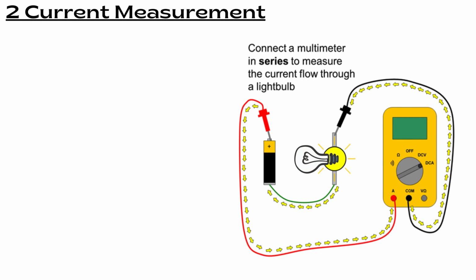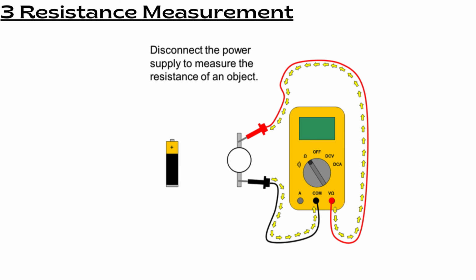Current, A, measures the flow of electrical current. It can be DC for direct current or AC for alternating current. 3. Resistance, omega, measures how much a component resists the flow of current. It's displayed in ohms.